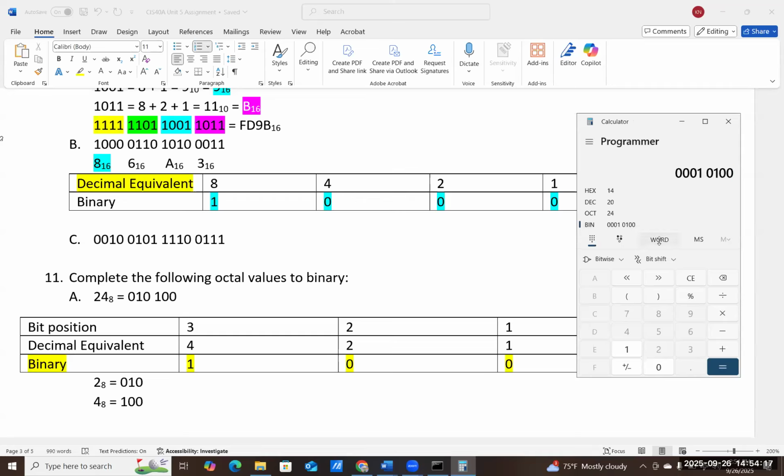So if you want a word, which is 16-bit, and a byte is 8, it's just going to try to shrink it down by condensing it.